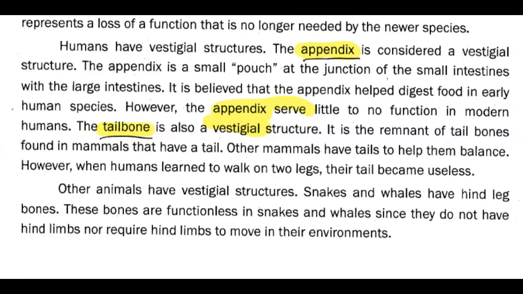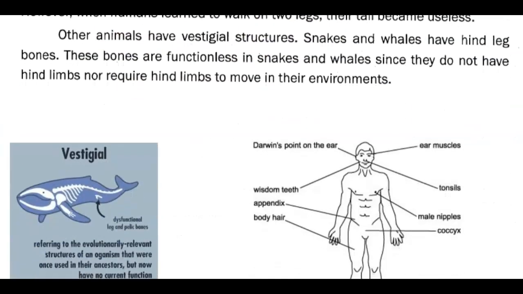Okay. One of what I think is the coolest vestigial structures: snakes and whales are descended from animals that used to walk. But the whale here, and this is true for whales and dolphins, they still have little bones in their body where their back legs used to be.